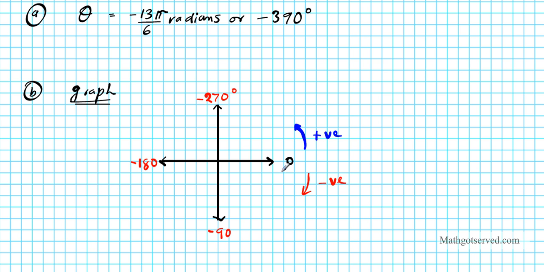Too small, keep going. Subtract another 90, negative 360. Completed one clockwise rotation is still too small. Subtract another 90. You get negative 450. Too big, we gotta back off. So negative 390 should be somewhere between these two axes, the positive x-axis and the negative y-axis.